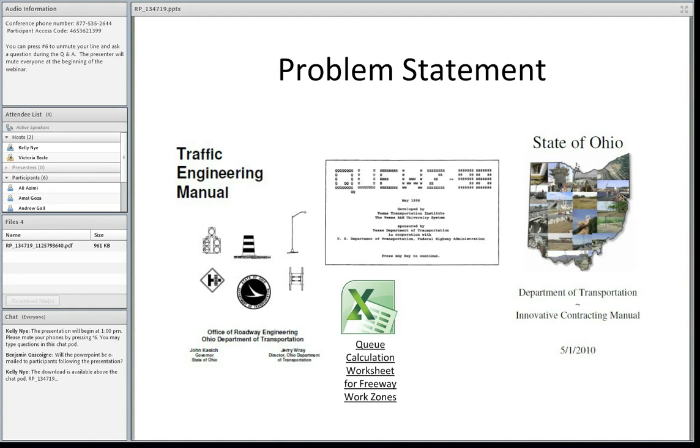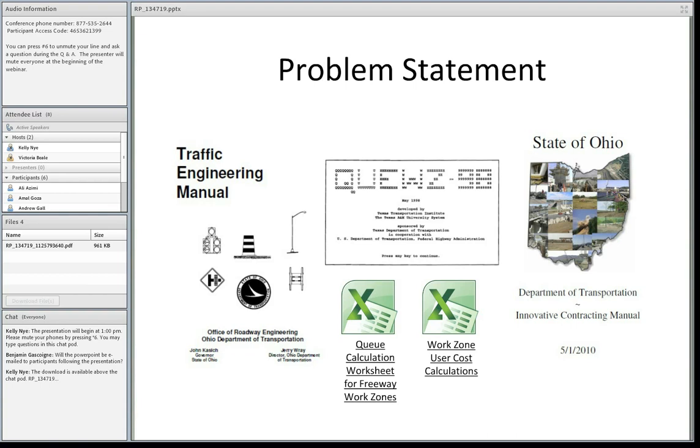The other document of interest for this project was the Innovative Contracting Manual. It includes procedures for looking at road user costs. One of those procedures specifically looks at work zones with lane closures, where a capacity estimate is generated using the QUEWZ software, and then a work zone user cost calculation spreadsheet is used to find the road user cost.